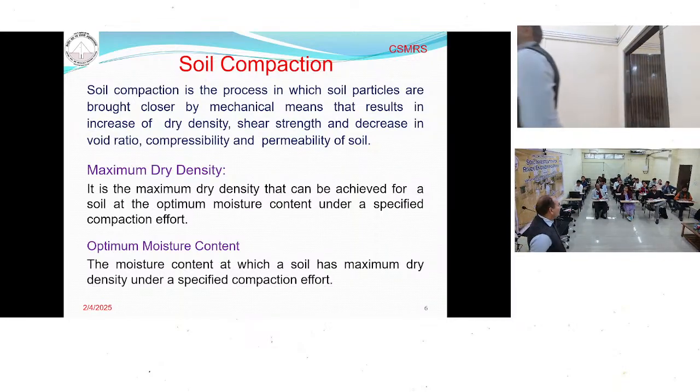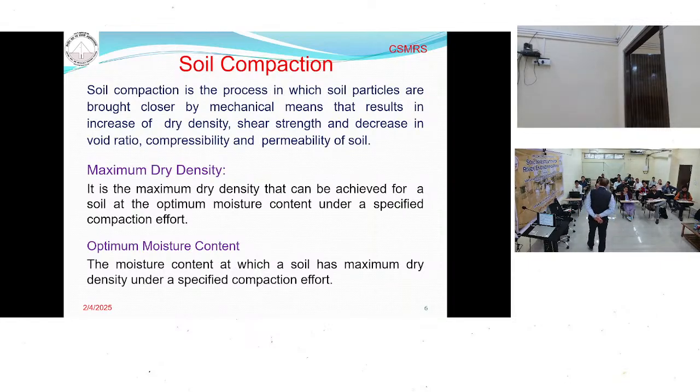In the case of soil compaction, there are two terms. One is the maximum dry density, the other is the optimum moisture content. What is the maximum dry density? Because when you want to construct an embankment design, I think everybody is aware of that. So what is the maximum dry density? Right?